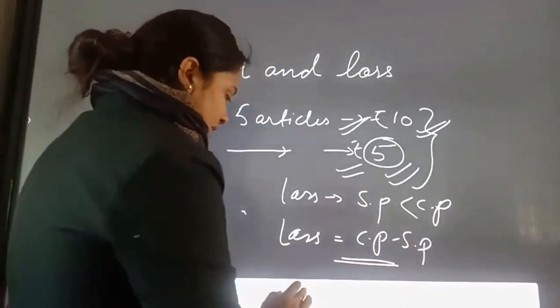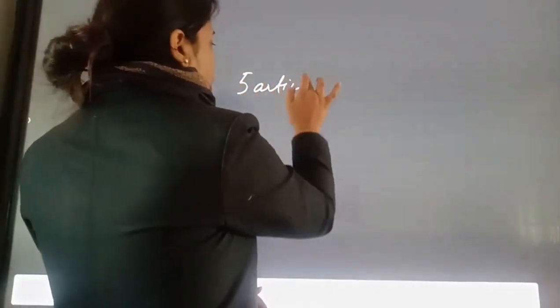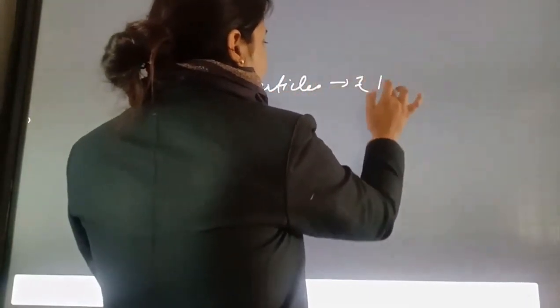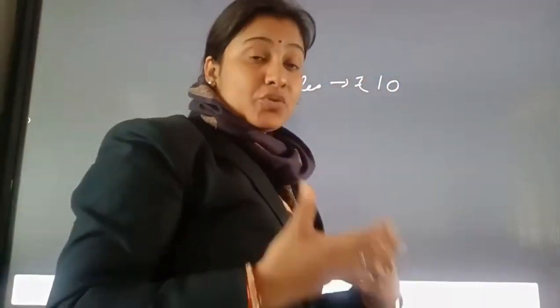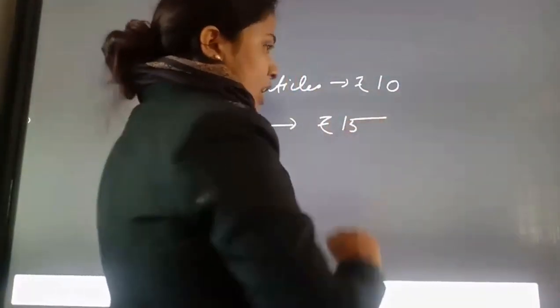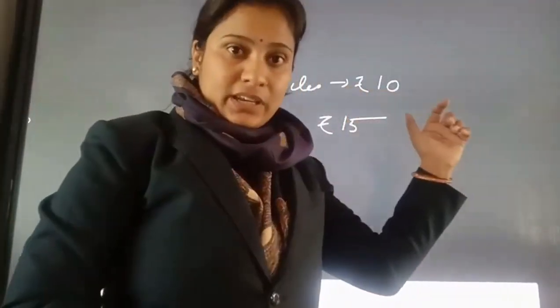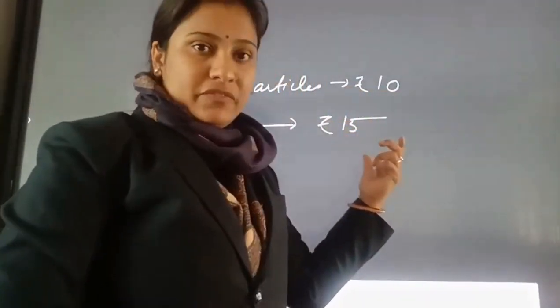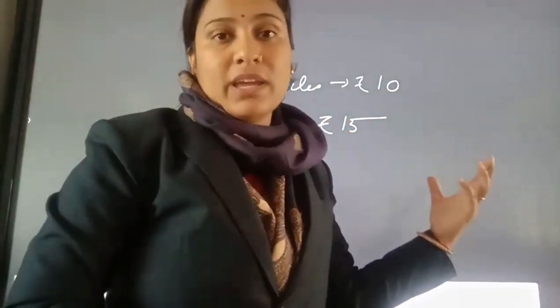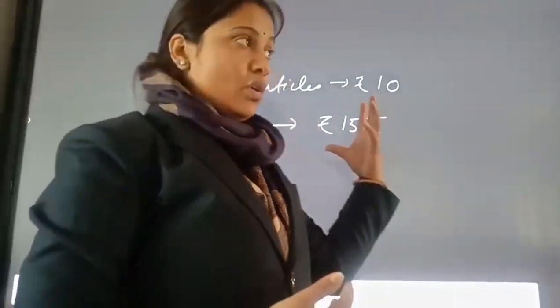On the other hand, you purchase the same item, 5 articles for ₹10. And you decided to sell all these 5 articles at ₹15. Now, what a magic. You bought all the articles at ₹10 and now you are selling them at ₹15. That means you used your mind and you are selling at a price which is higher than the cost price.